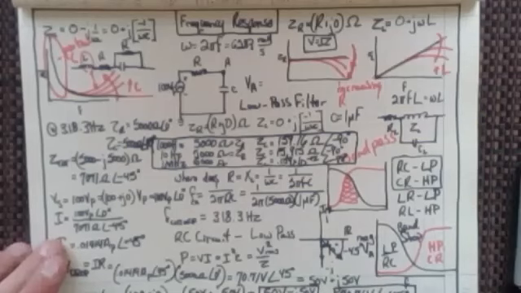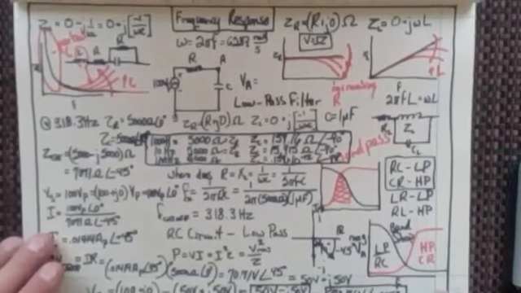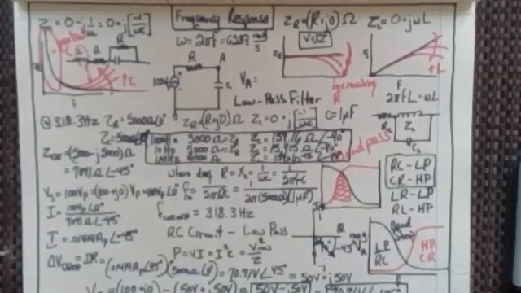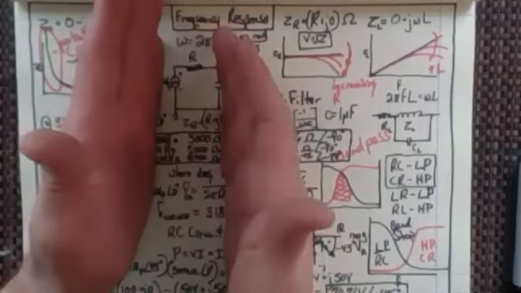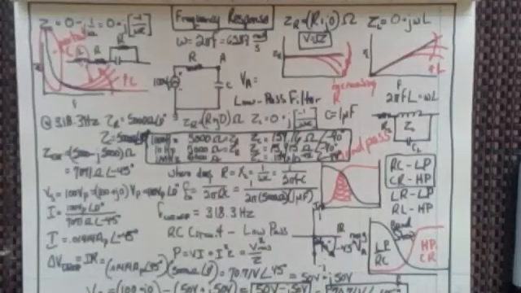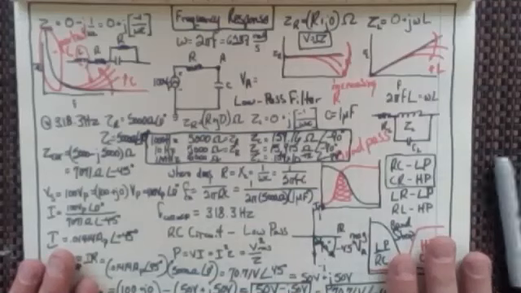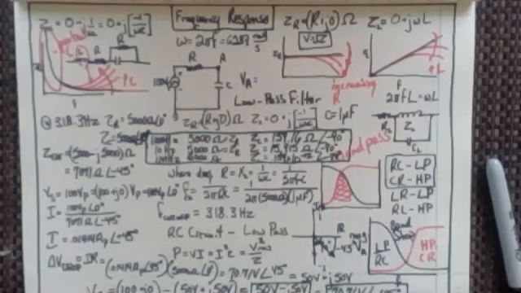I'm going to hold it here because I'm going to have a separate lecture where I talk about doing the same thing but with an inductor. And I want to also look at the CR circuit. So I'm going to continue on with this in some ways.